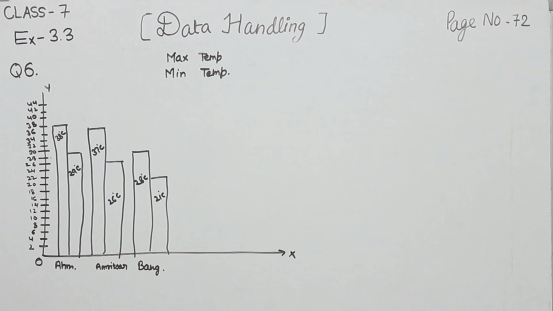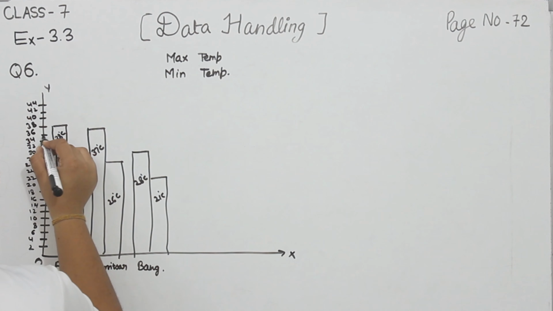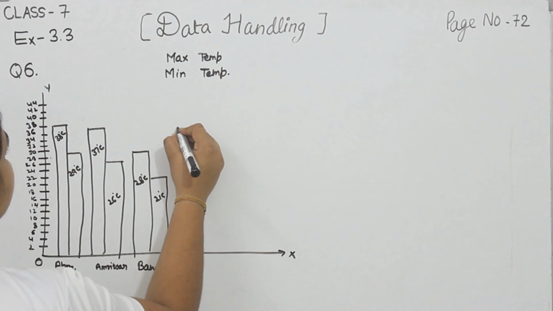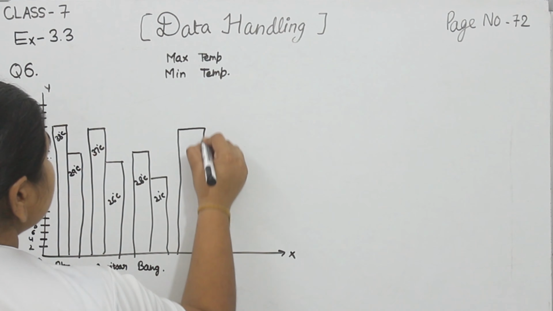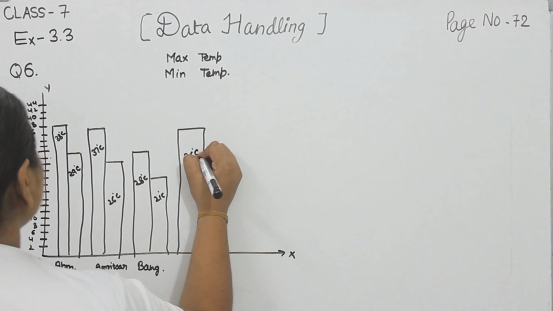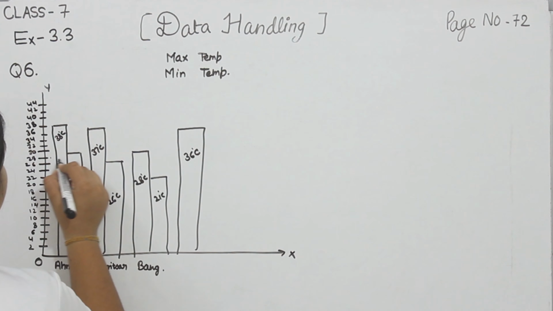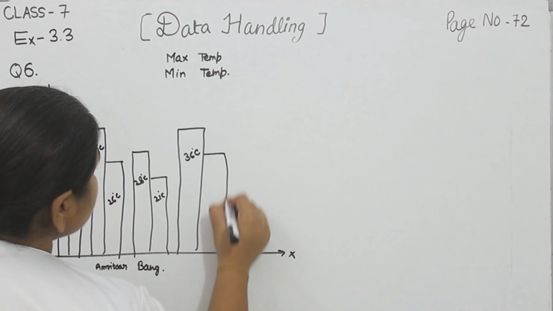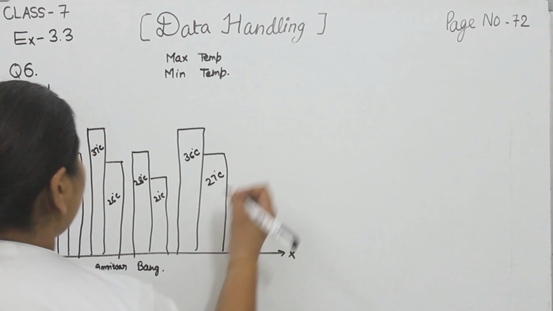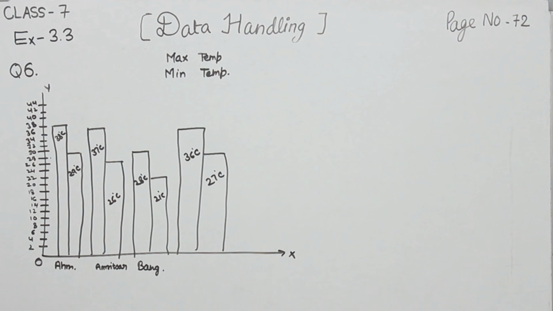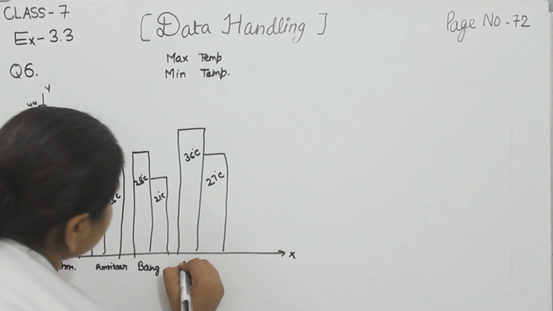Now come to the fourth city, Chennai, and the maximum is 36 and minimum is 27. This one is 36 degrees Celsius, and the minimum is 27 degrees Celsius, and this is the temperature of Chennai.